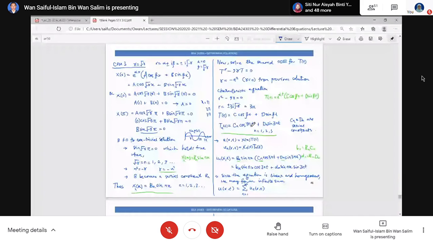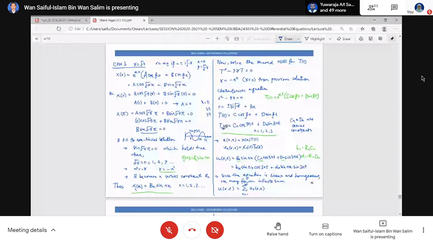Alpha is equal to 0. Now because I know the value of beta already, I just substitute the value of beta in here. So that's my T. So I can now substitute X, which is this, and T into my solution.